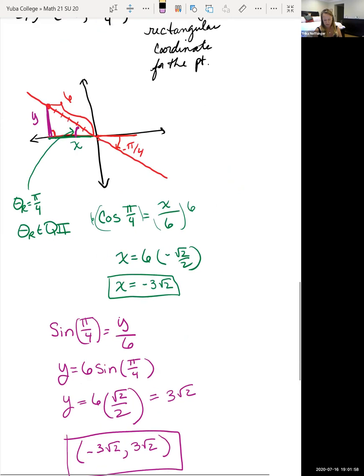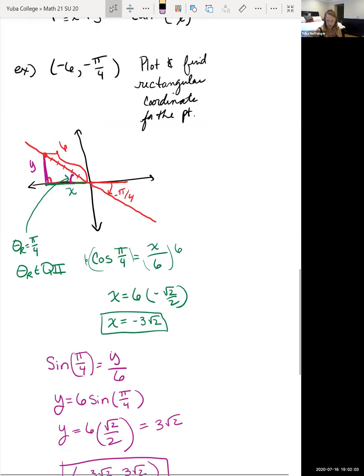But if you wanted to memorize it, you could have just thrown that into x equals r cosine theta. You are given x is equal to, this is your r value, 6 cosine of theta, negative pi fourth.